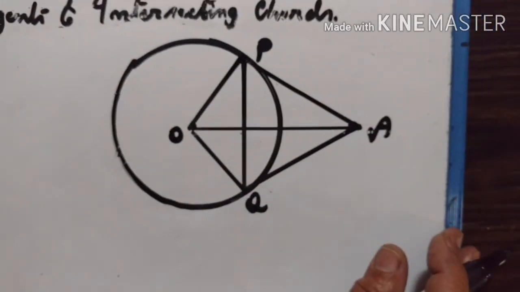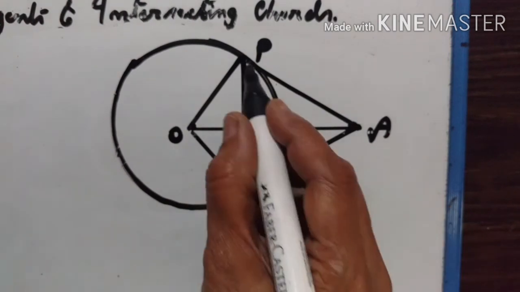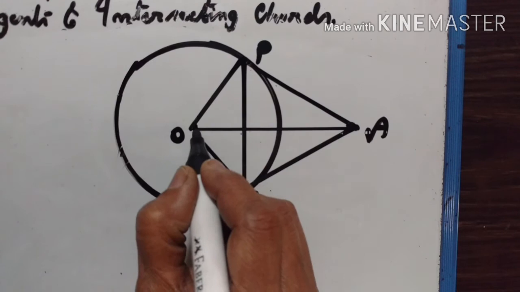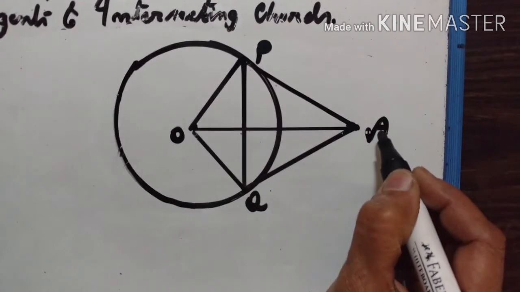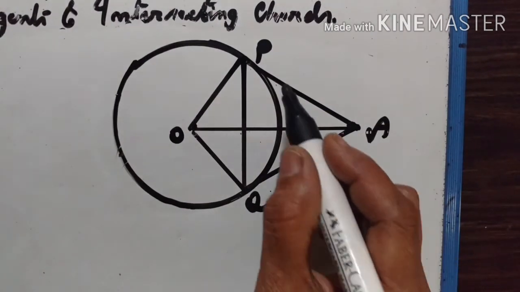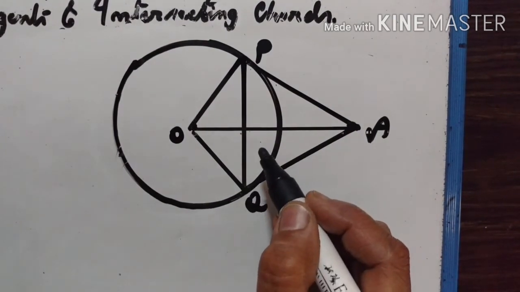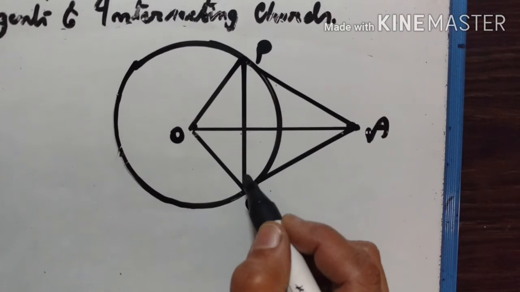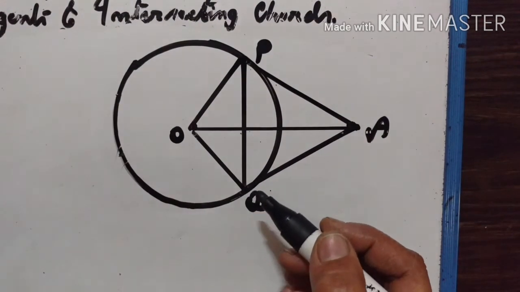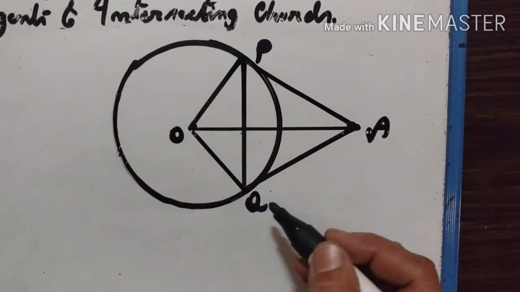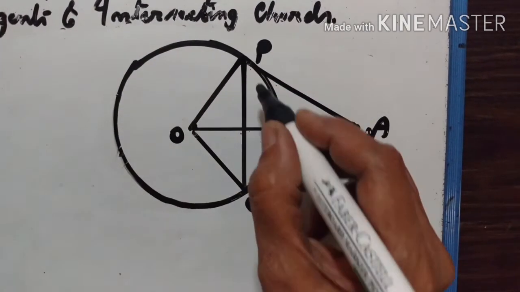14th problem. Tangents AP and AQ are drawn to a circle with center O from an exterior point A. Prove that angle PAQ is equal to 2 angle OPQ. Now in triangle POQ, OP is equal to OQ, radii of this circle.